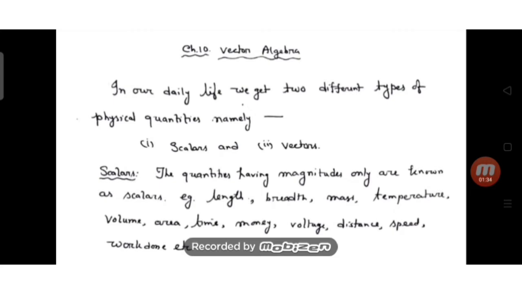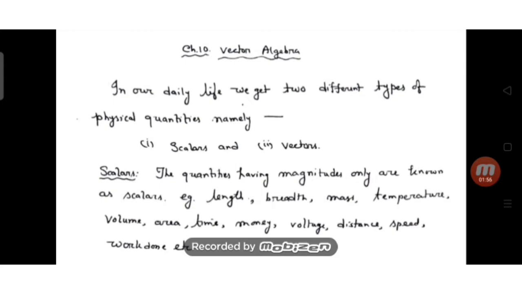Generally, we do not mention it. We just understand the length of the scale or the length of a thread is 1 meter. Direction is immaterial in this case. So that is why length is a scalar quantity.